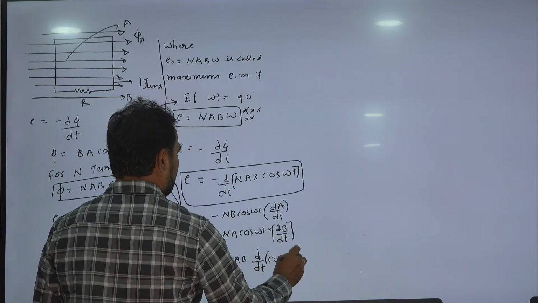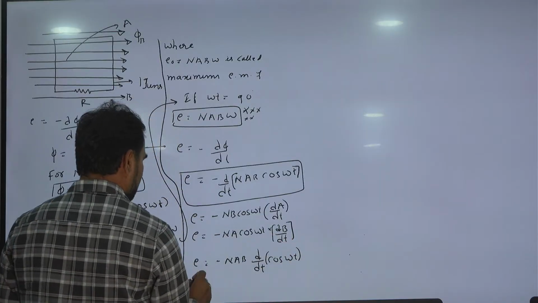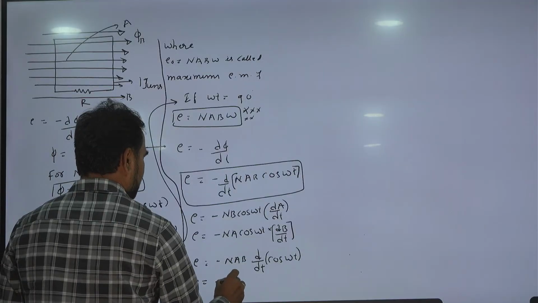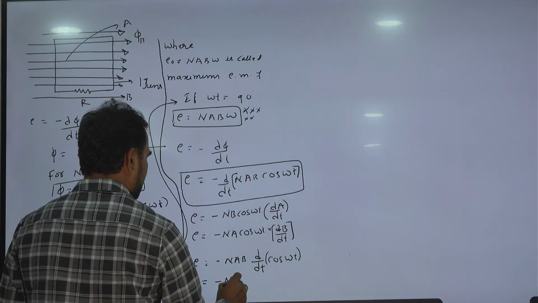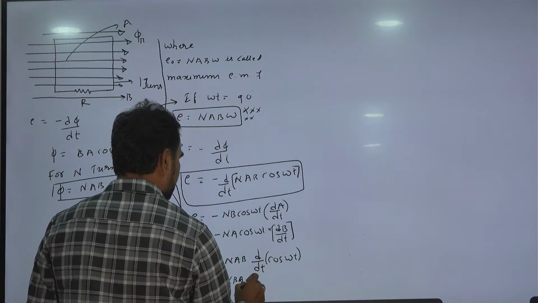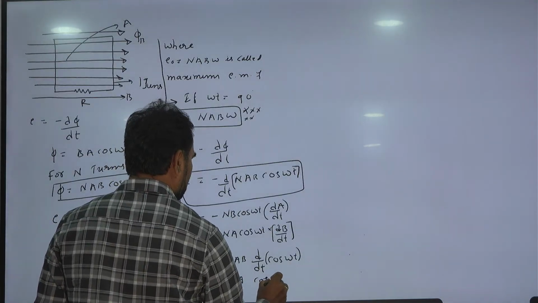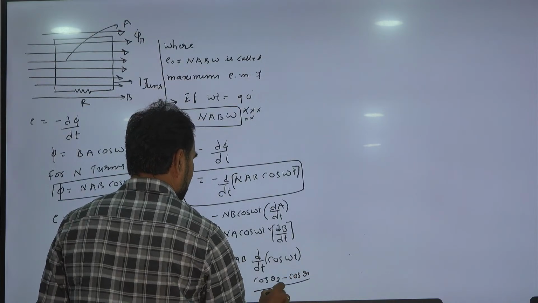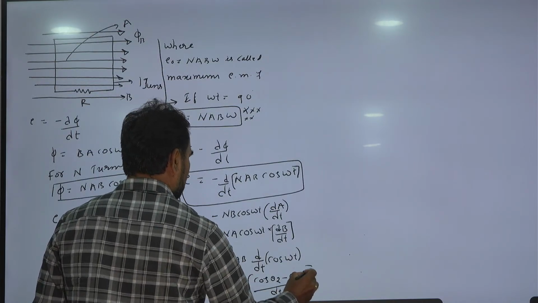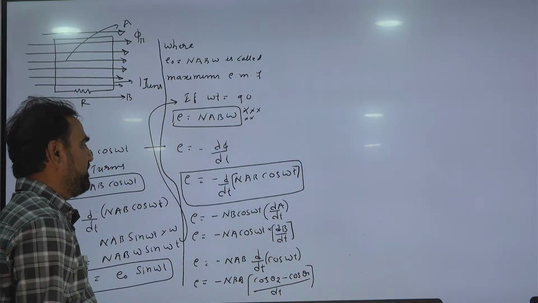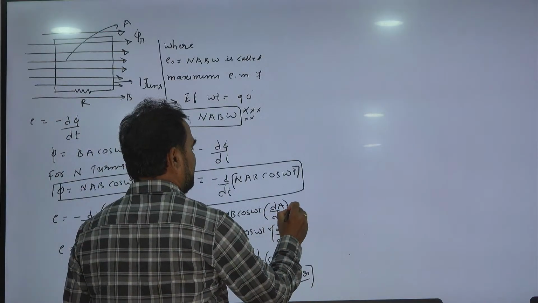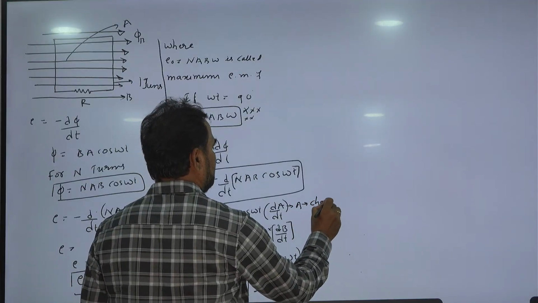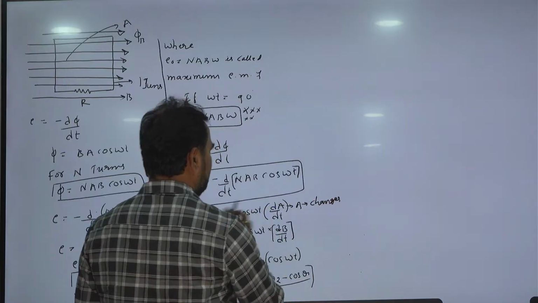D by dt of cos omega t we also write like this: E is equal to minus NAB into cos theta 2 minus cos theta 1 by dt. So this we use when A changes, that is, when the area changes.